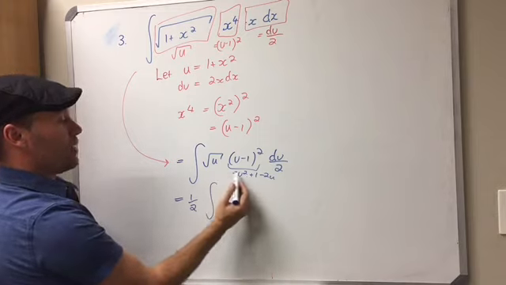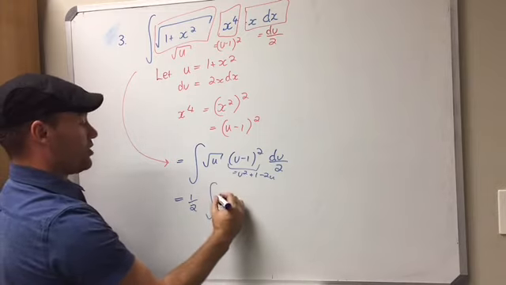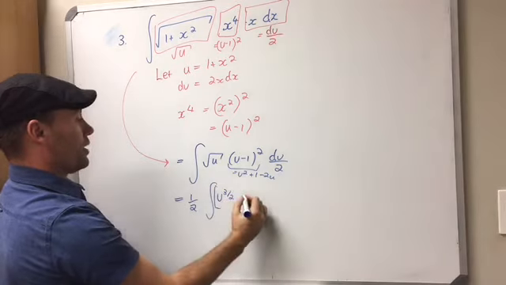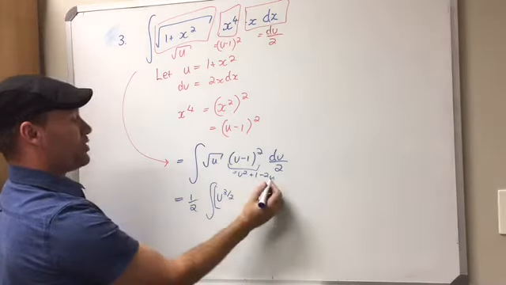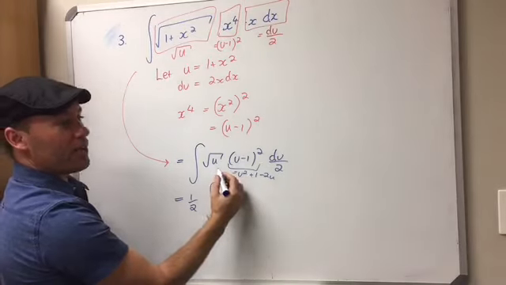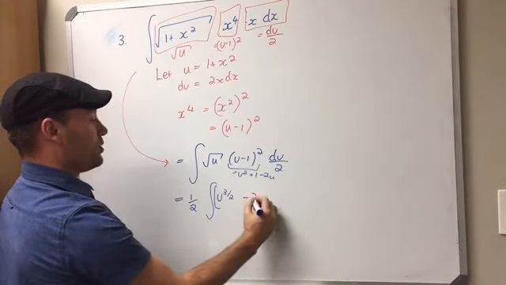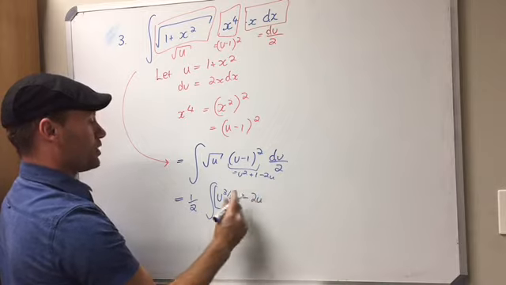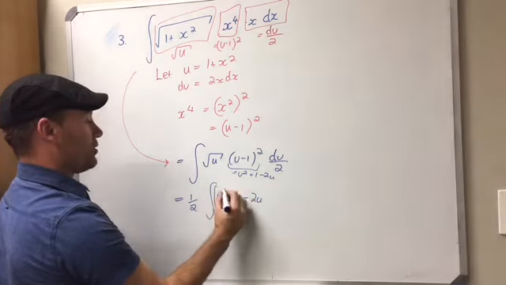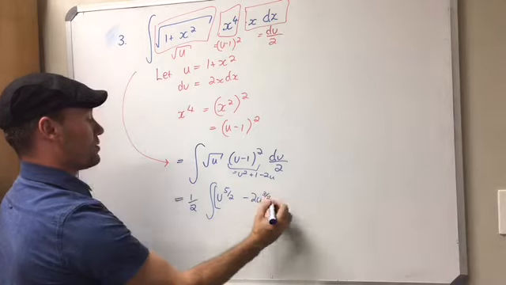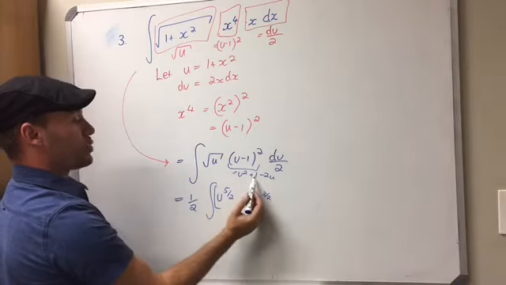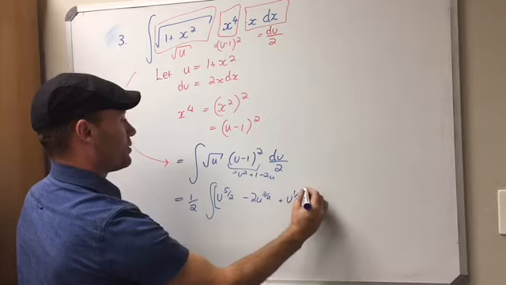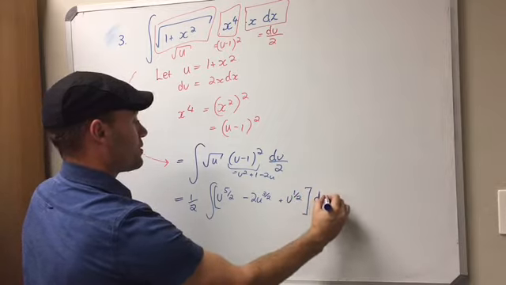I get u squared times u to the power of a half is u to the power of 3 over 2. And then I've got a minus 2u times u to the power of a half is minus 2 u to the power of 3 over 2. This was u to the power of 5 over 2. Now I've got a 3 over 2. And then I've got a plus 1 times root u is u to the power of a half du.